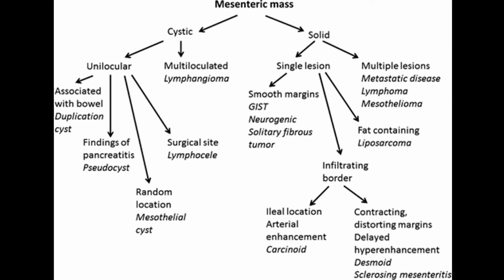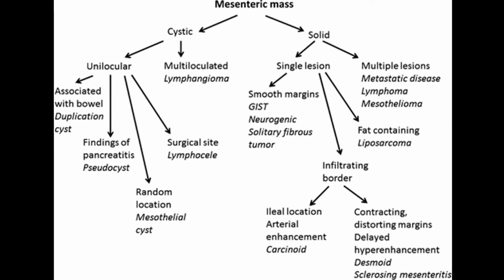Now mesothelioma is also having the same thing, but mesothelioma will have thickening of the mesentery along with it. So both metastasis and mesothelioma will have ill-defined multiple nodular lesions in the abdomen, but mesothelioma will have mesenteric enhancement, and both might have ascites.